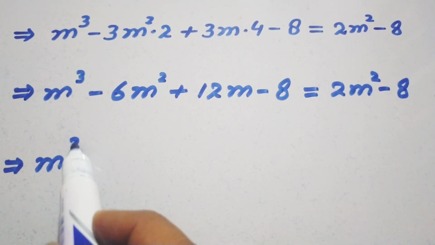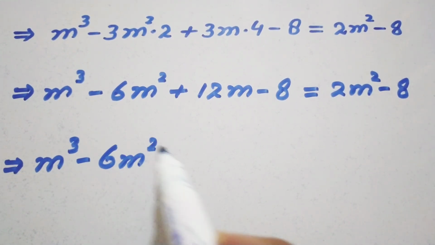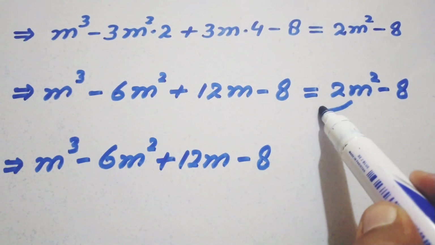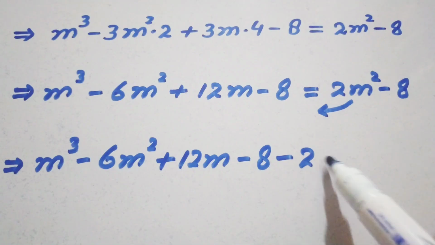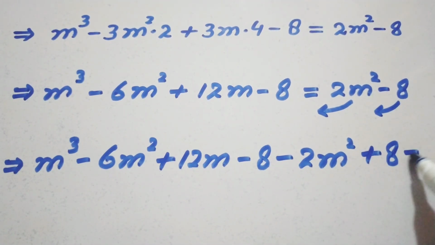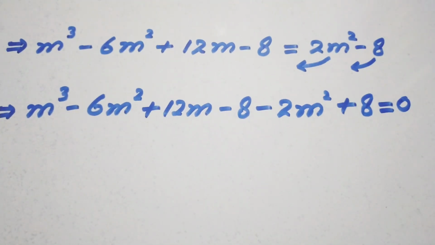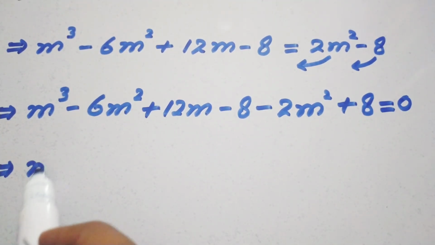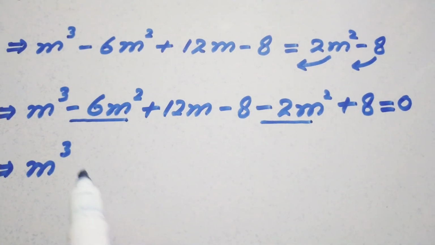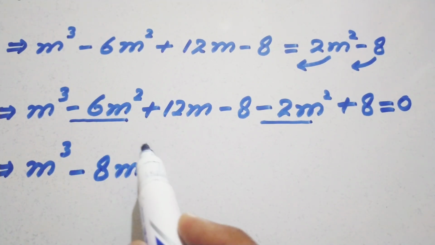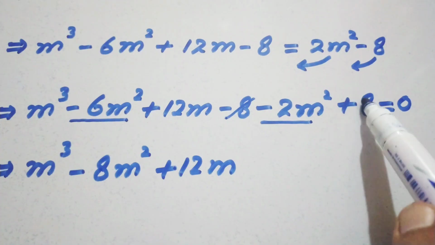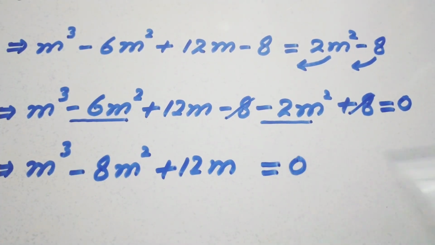Now m cube minus 6m squared plus 12m minus 8, move this 2m squared from right hand side to left hand side, we get negative 2m squared, and move this, we get plus 8 is equal to 0. Now m cube minus 6m squared minus 2m squared, we get minus 8m squared plus 12m, and negative 8 and positive 8 cancel each other, is equal to 0.